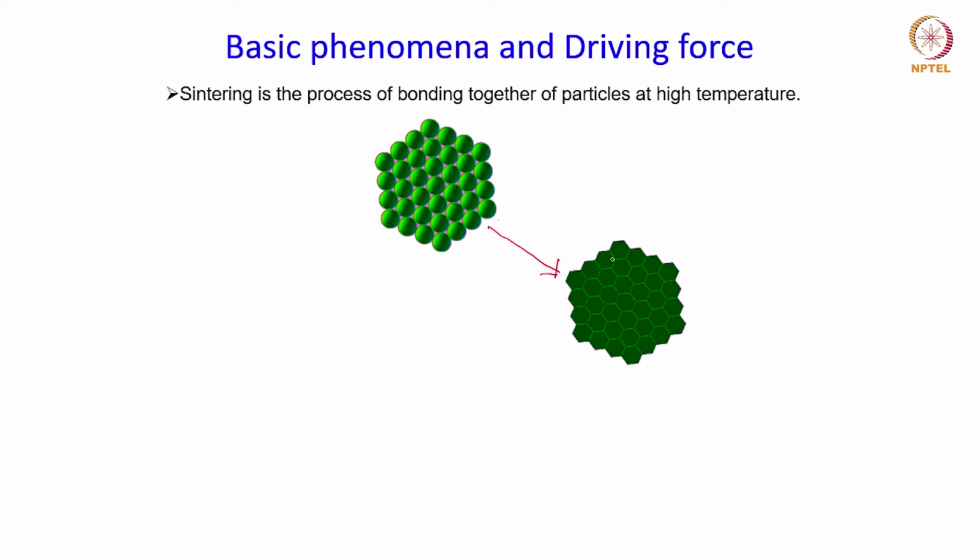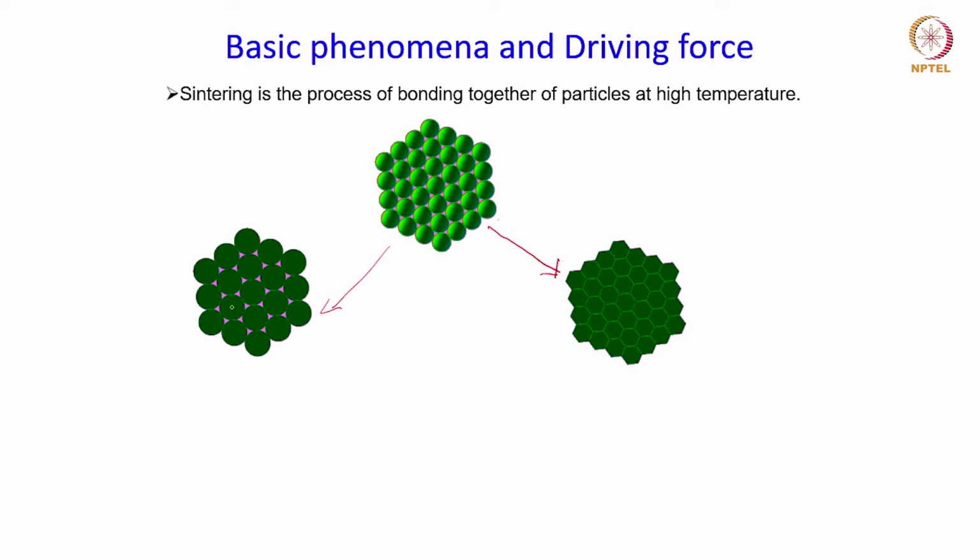Where these pores in between the particles will be completely eliminated and the particle contacts will grow and form this kind of boundaries, or form the grain boundaries between the particles. Okay. On the other hand, since we are talking about high temperature, it can also lead to coarsening of the particles. Okay.